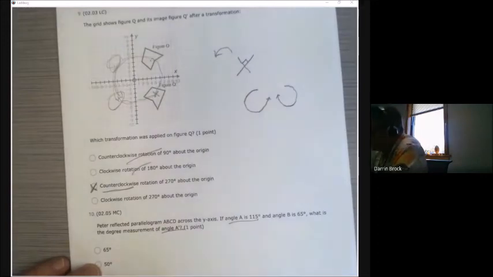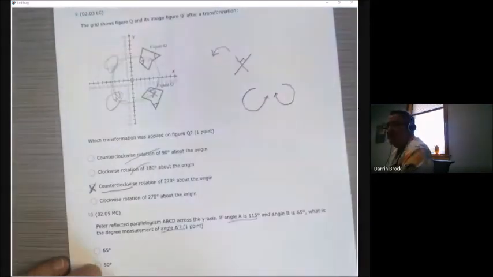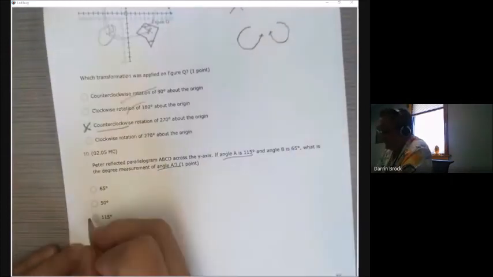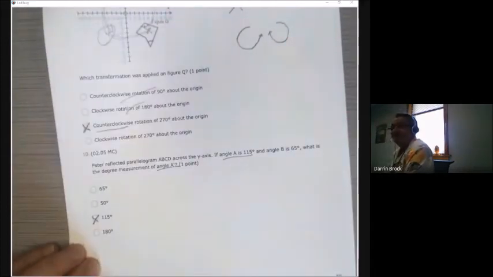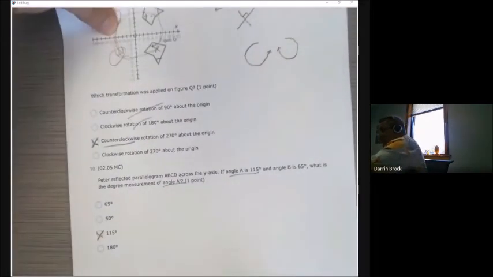So if the side lengths don't change, the shape doesn't change, that means the angles don't change. This angle is still the same as this angle, even though it's rotated. Those do not change. So if A is 115, then A prime has to be 115. It's just how it works. Hey, almost done.